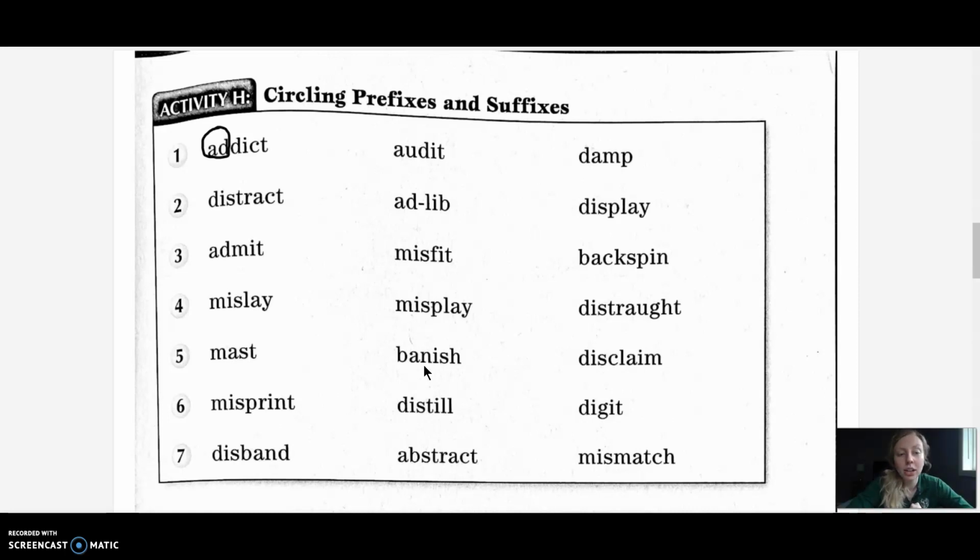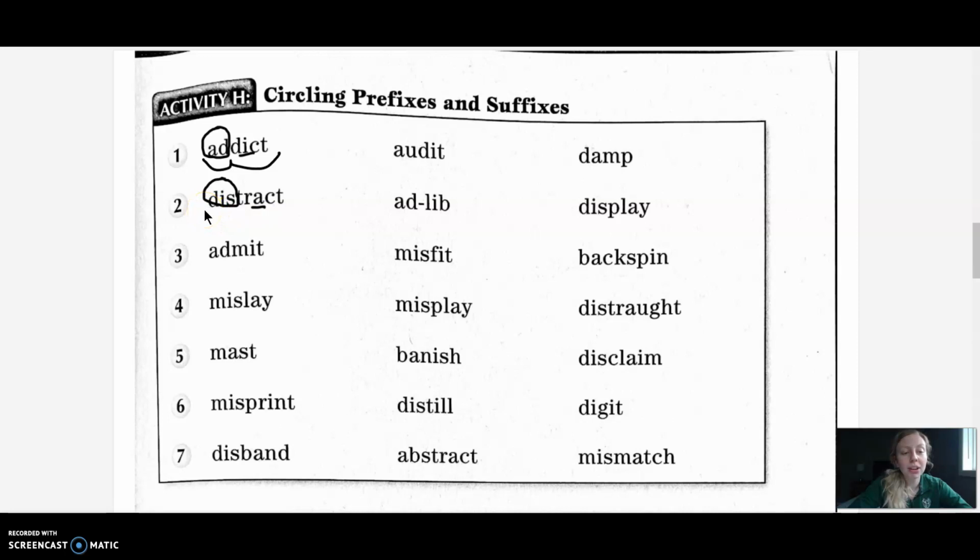Once you finish circling the prefixes, we're going to do the same thing where we're going to break the words apart. So I circled my prefix. Here's a vowel. I'm going to go ahead and break it into word parts. The prefix is always the first word part. So I have addict, okay? Let's go to another one with a prefix. Let's go to this one right here. This one has dis, and it has a vowel right over here.